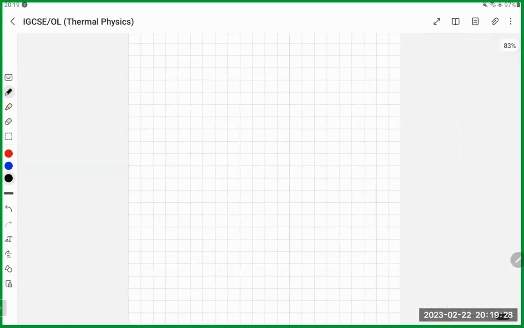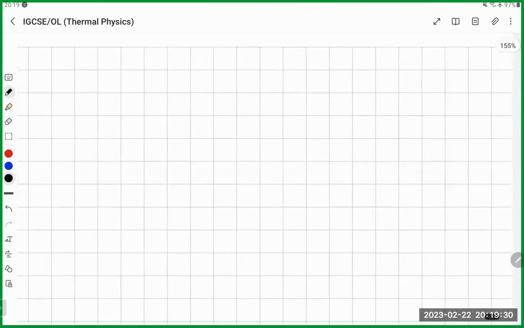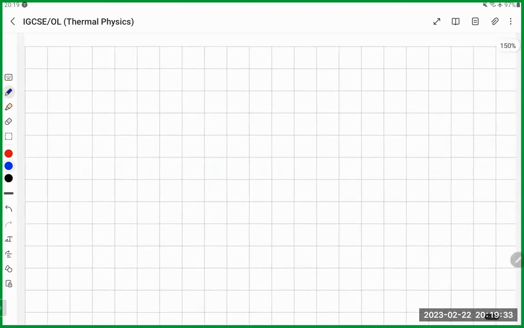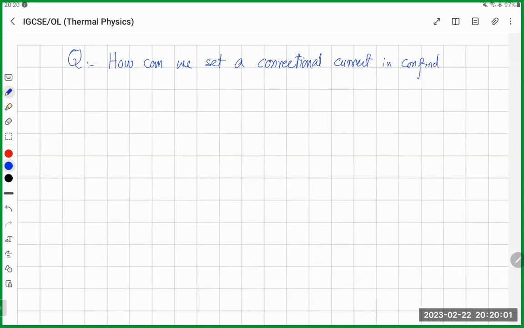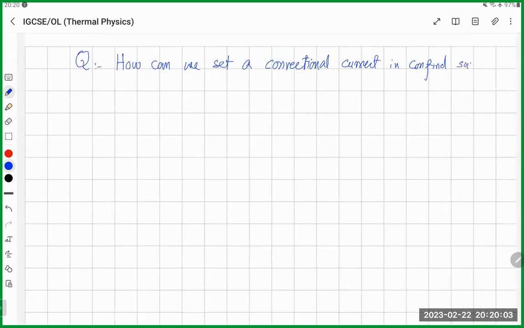Now, question. How can we set a convectional current in a confined space?